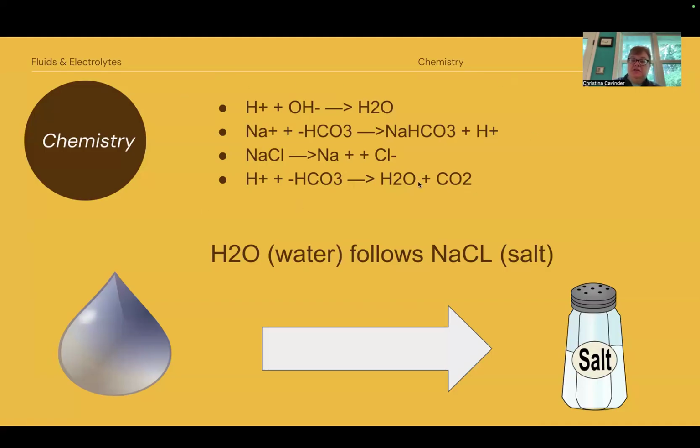So just a little bit of chemistry to help you. I hope it helps you understand when we talk a little bit about acid base, but also it helps with the sodium chloride regulation. Remember, water follows any salt, especially sodium chloride. So once you have sodium chloride bound together and it moves, it's going to take water with it.